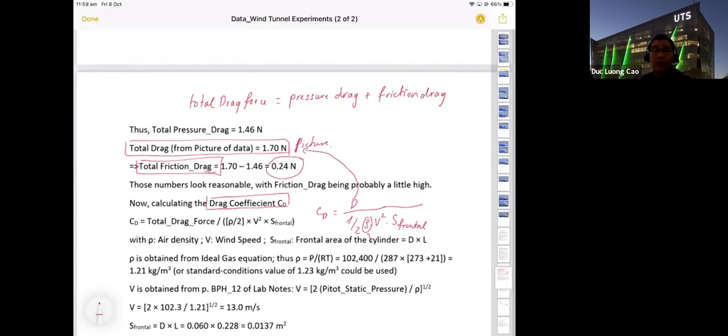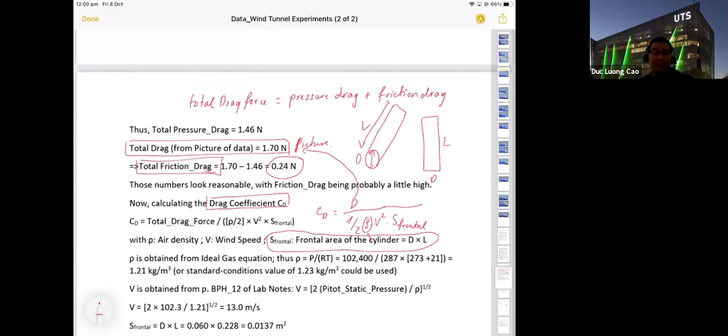And S, the frontal area: you have the cylinder like this, with this one D and this one L. If you see this from the side view, the frontal area is D by L, a rectangle. So the frontal area equals D times L. That's easy, huh?